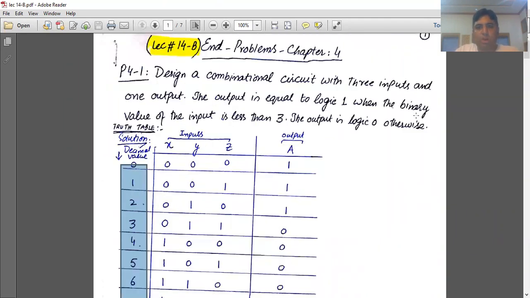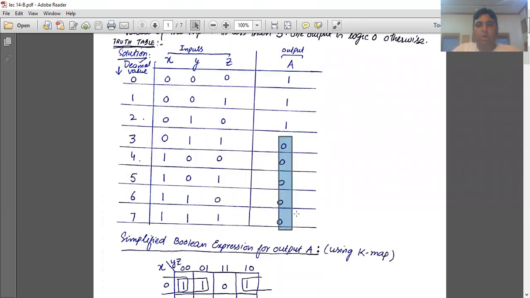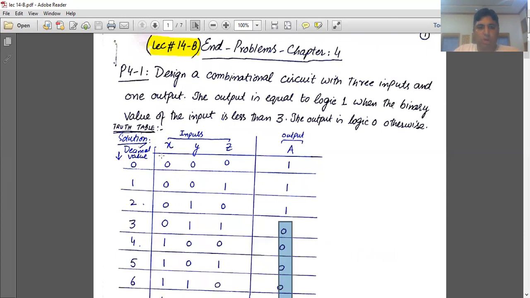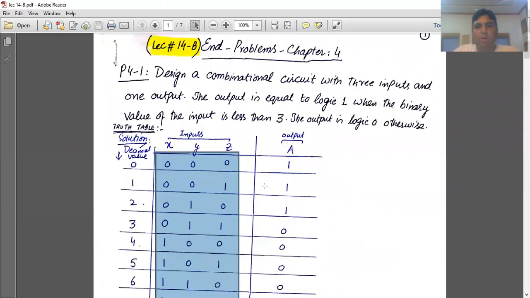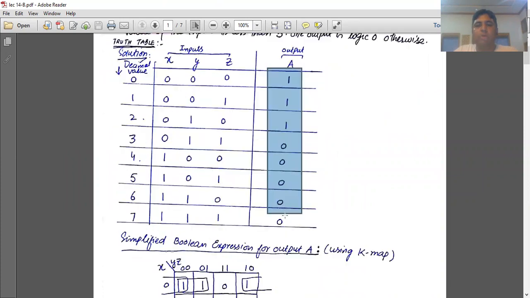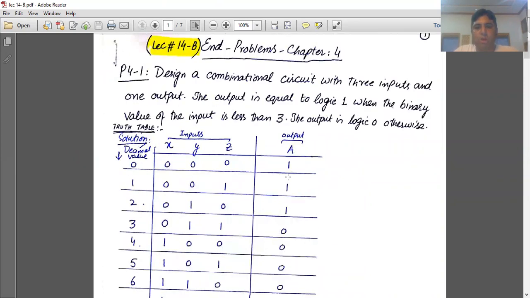The question says when the binary value of the input is less than 3. Less than 3 means 0, 1, and 2. When the input is 0, 1, and 2, then the output is equal to 1, and output is equal to 0 otherwise. We have taken three input variables X, Y, and Z and written the 8 combinations from 0 to 7, and we have written the output column and given the value 1 when the binary value of input is less than 3.